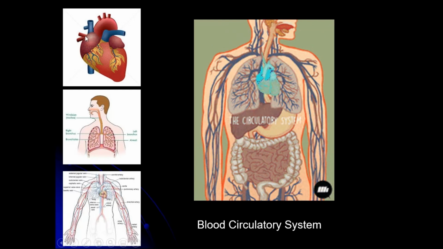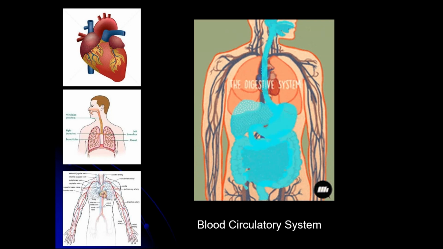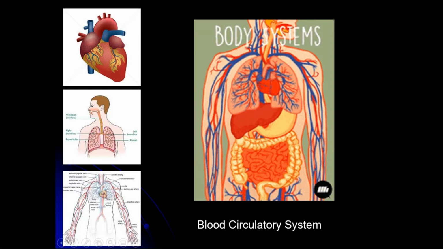If you consider the job of the heart, the heart pumps the blood and provides the energy for the blood to travel all over the body. And the blood vessels provide a roadmap, the pathway for the blood to travel within your body.